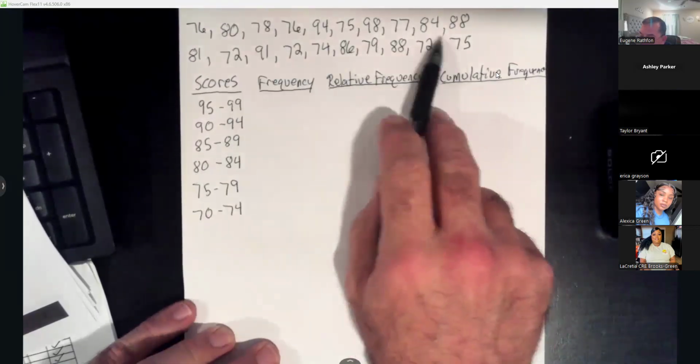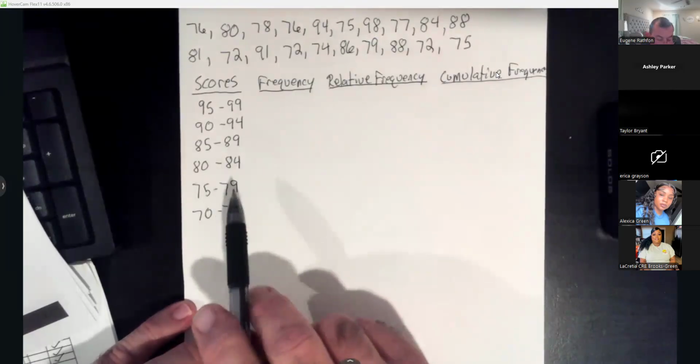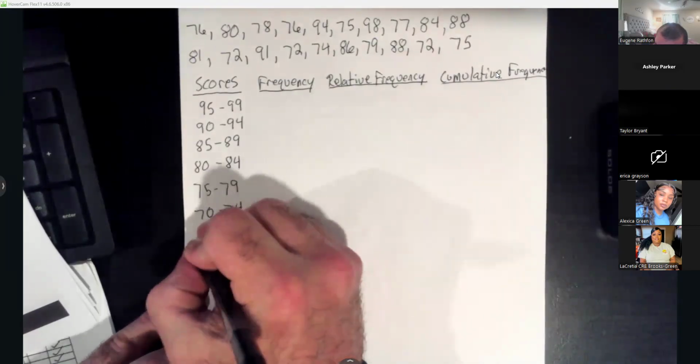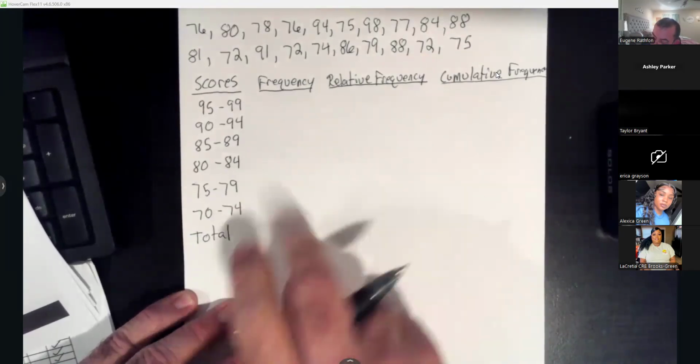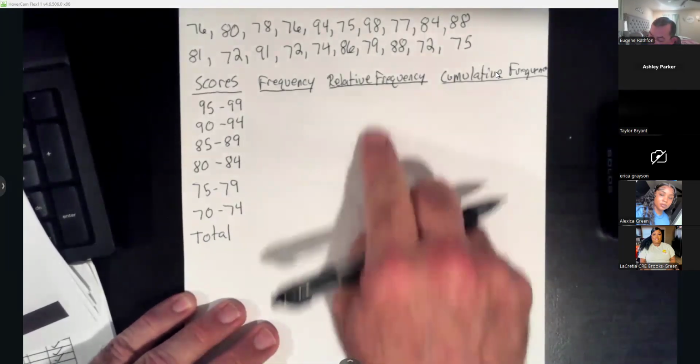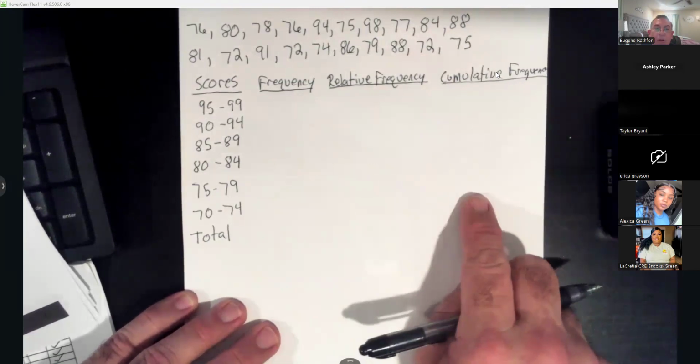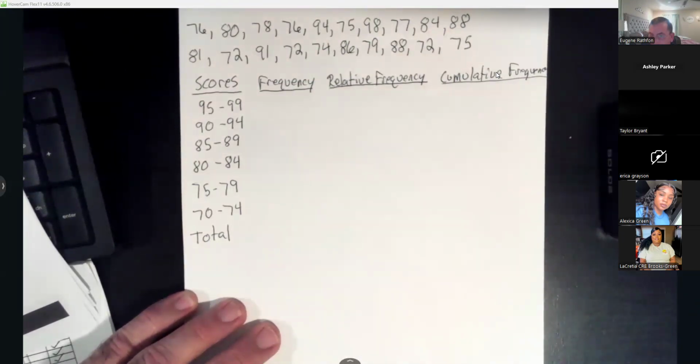Because y'all, my lowest scores are in the 70s, so we're good. And then down here, we'll put our totals from the frequencies, relative frequencies, and our cumulative frequency.